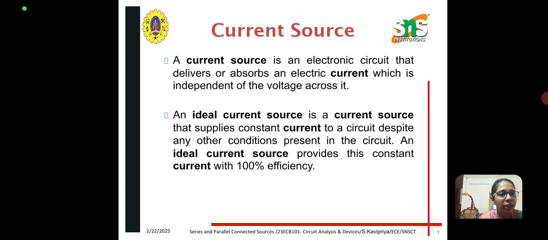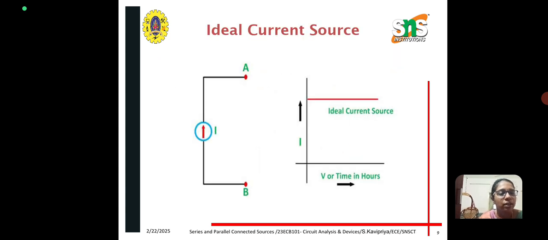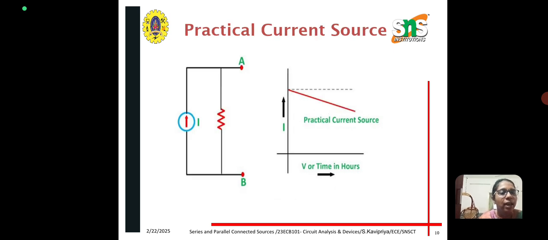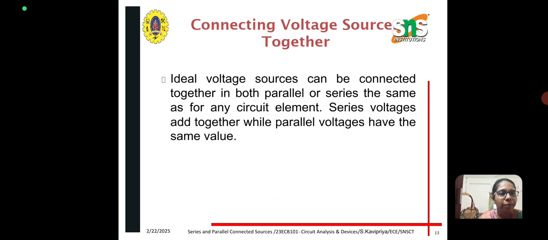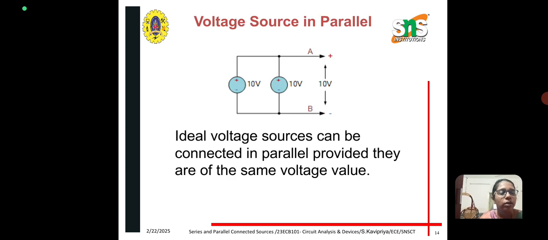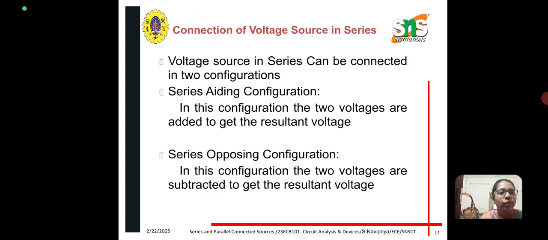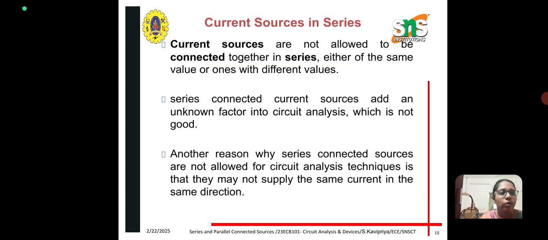Next we have seen what a current source is and its types, the ideal current source and the practical current source, and we have seen graphical representations for them. And next we have seen what happens when connecting voltage sources together, voltage sources in parallel, and the different ways of connecting voltage sources in series.